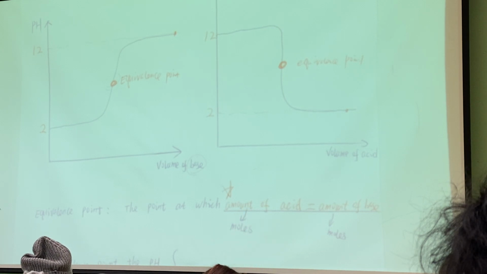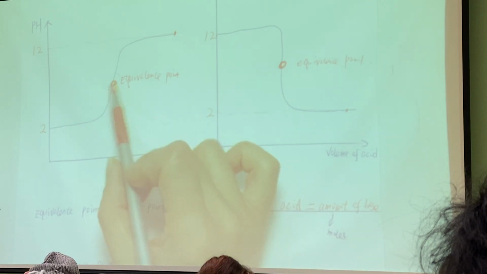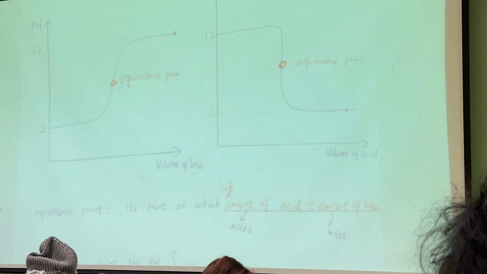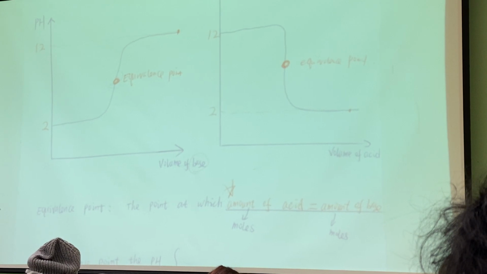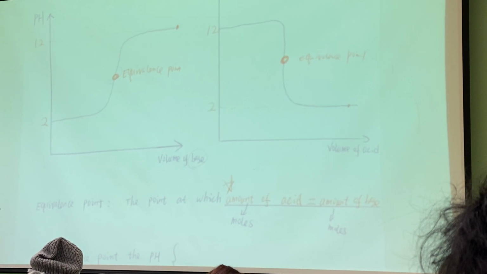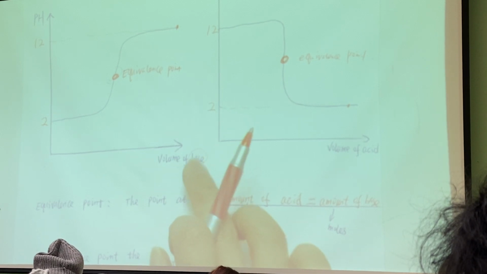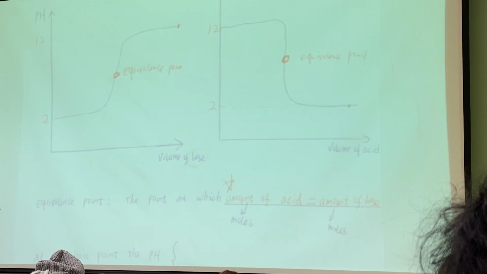Also, some people may wonder what the pH is at the equivalence point. Most people will say 7, because your moles of acid are already equal to your moles of base. The answer is not really. It can be 7, it can be less than 7, it can be larger than 7, depending on the strength of your acid and base.